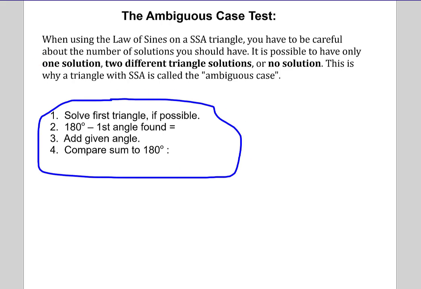We'll come back to the test in a minute. But first we have to solve the first triangle if it's possible. And then we have to subtract the first angle that we found in this first triangle from 180 degrees. And this is going to be the ticket. That's going to help us know whether we have one triangle, two triangles, or possibly no triangle at all. So like I said, we'll come back to that in a minute.